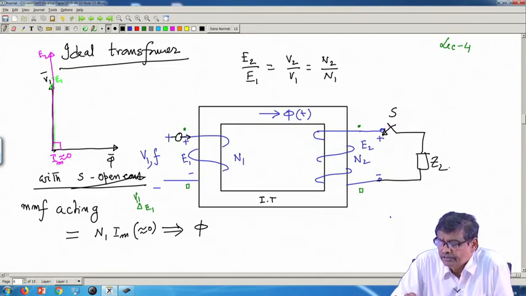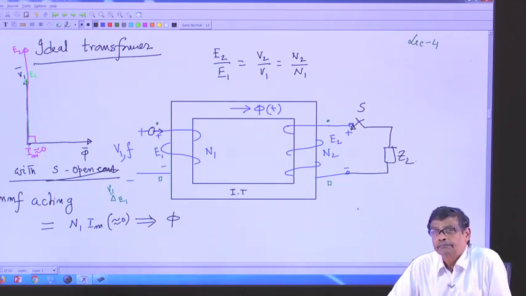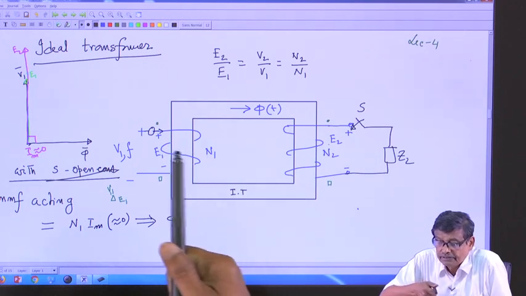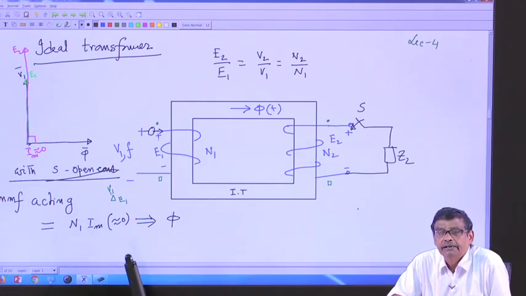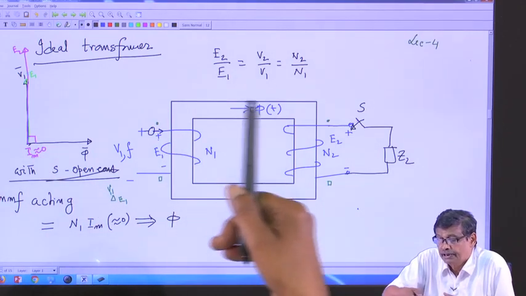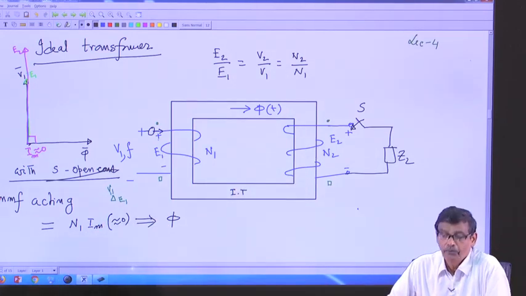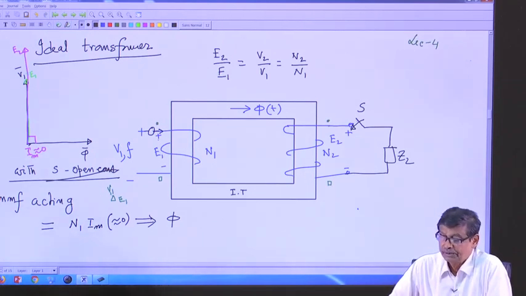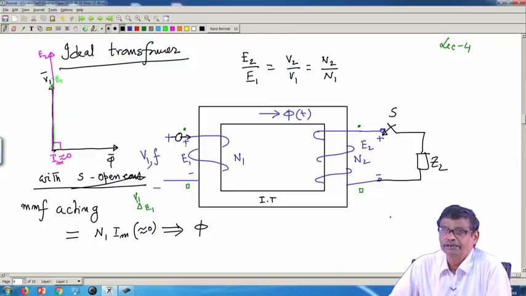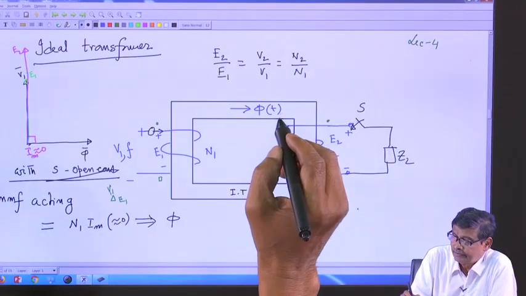Therefore, to find out what is the flux in the core of the transformer, I have to take this MMF, calculate the net MMF, and divide by the reluctance; that will decide the flux. In fact, that is what we have to do, but before that I tell you one thing: when S was open, what was the flux?